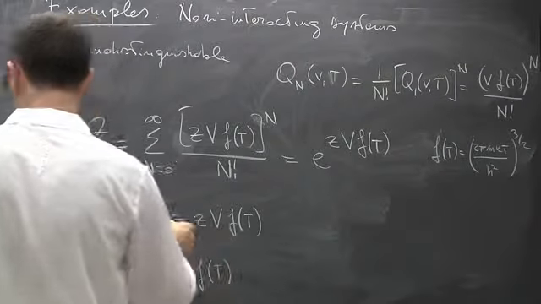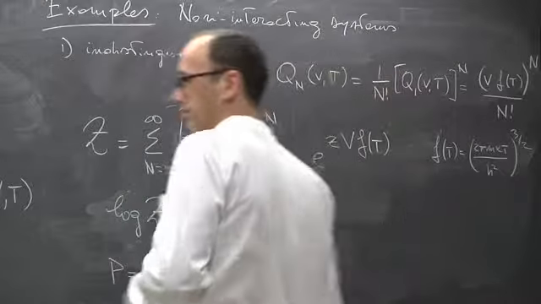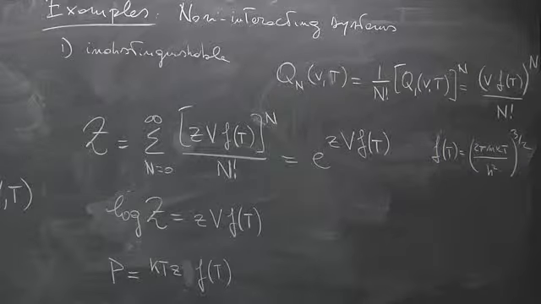From this I can compute the expected number of particles. If I take the log of Z with respect to the small z, and multiply by z, what happens is that when I take the derivative of the log of Z with respect to z, I get 1 over big Z times the sum over n of n times z to the n minus 1 times Q_n.